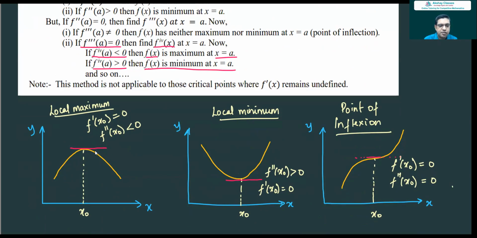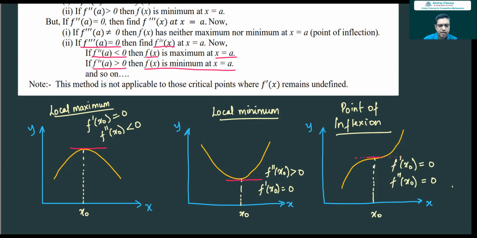If the second derivative is negative, that means it's a convex curvature or concave down. If the second derivative is positive, then it's concave up. So the second derivative, if negative, means it's a maximum, positive means it's a minimum at that point.